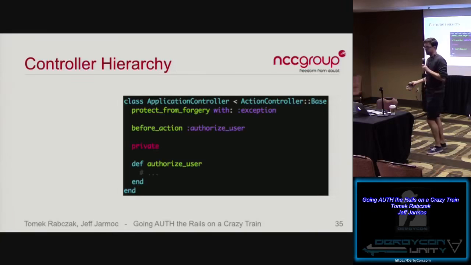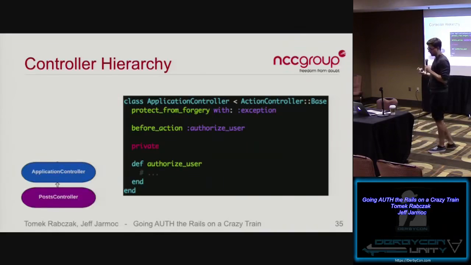So the ApplicationController is the main class that by default all of the controllers are going to inherit from. So it's very common that you're going to see site-wide authorization and authentication before actions within this. You're also going to get things by default. So that protect_from_forgery line is just generated when you generate the application.